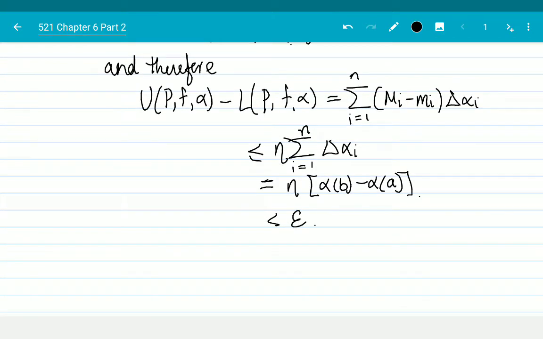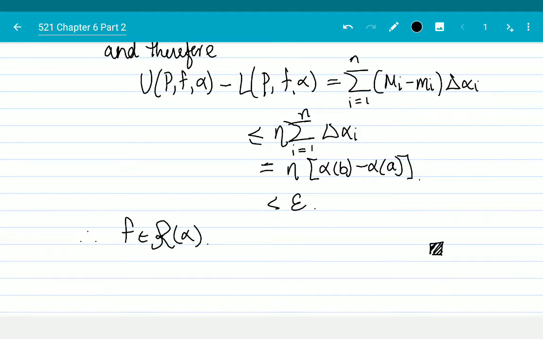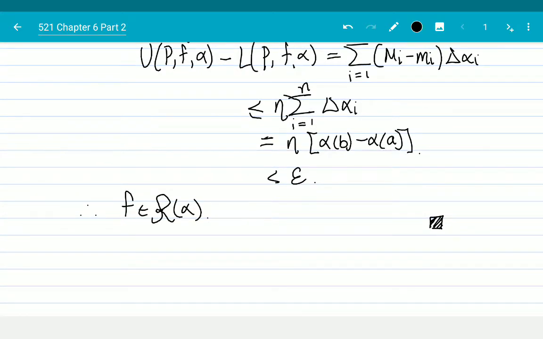And hence, I have shown that f belongs to R of alpha, as required. So this function is Stieltjes integrable. Theorem 6.9.